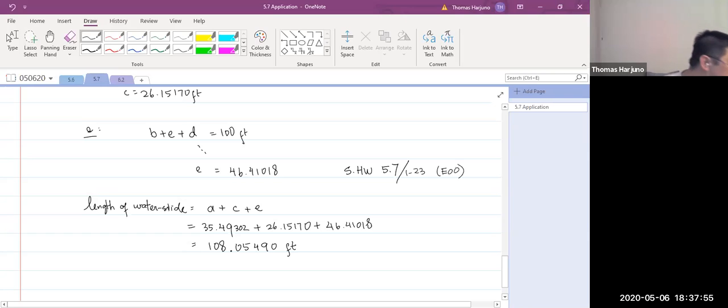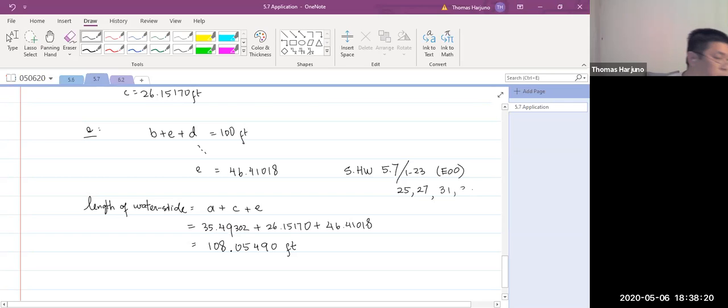And then for the word problems, number 25, number 27, number 31, number 33 is a good one.